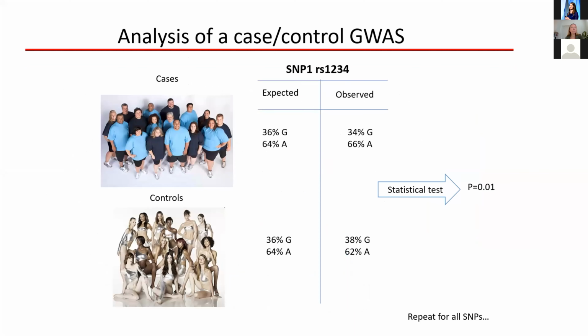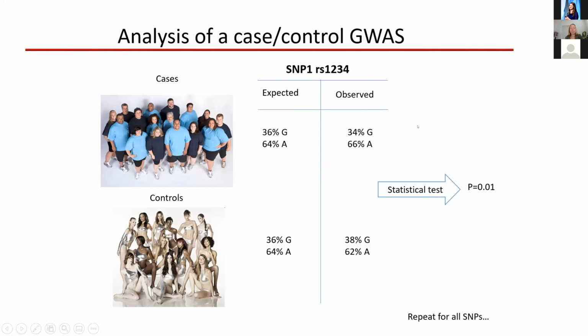This is an example of a case-control GWAS, where we have cases with a BMI above 30 and controls with a BMI less than 20. Right now we are looking at this SNP, which has, in the normal population, the expected prevalence of the G allele at 36%, whereas there is supposed to be 64% of the A allele.